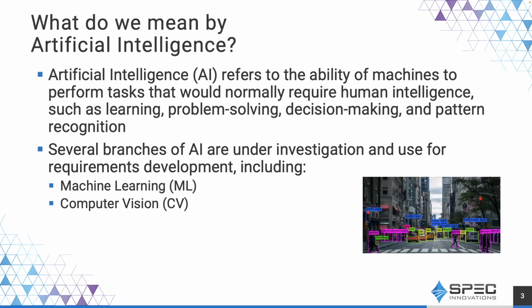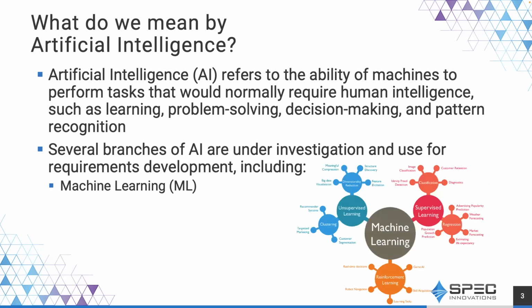Another is computer vision. Let me jump back one second here. So you notice there's lots of different types of machine learning. Unsupervised, supervised, reinforcement. So they've got all these sub branches that they've created in this area. So some things work well for some areas and work better for others. And a lot of times it depends on how big your data set is as well.